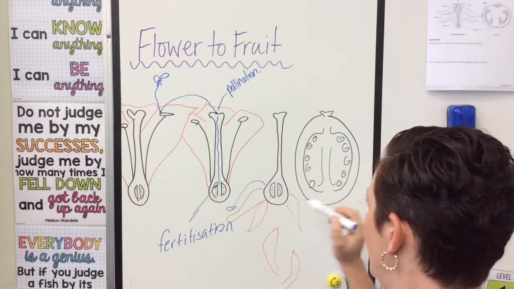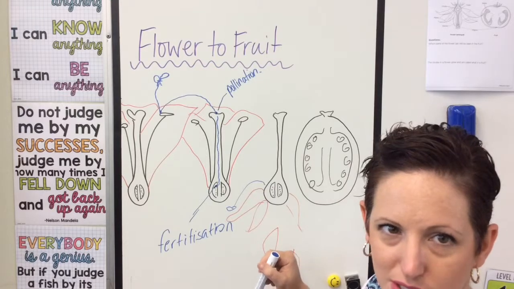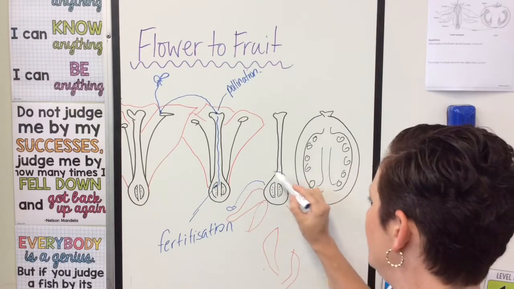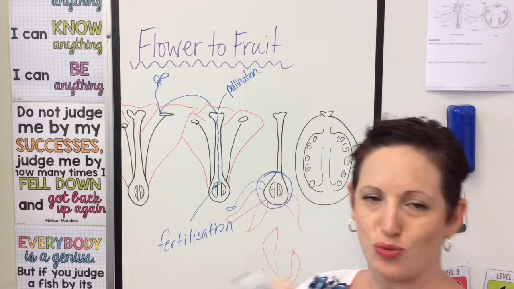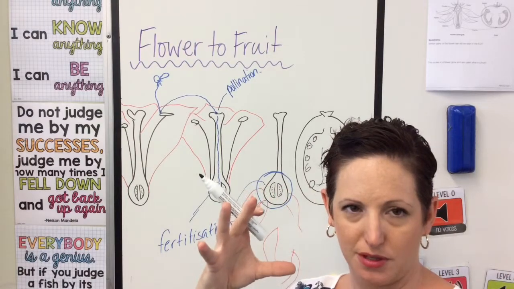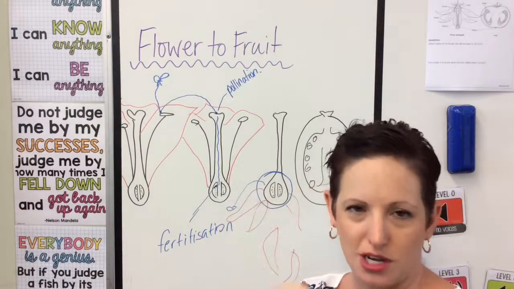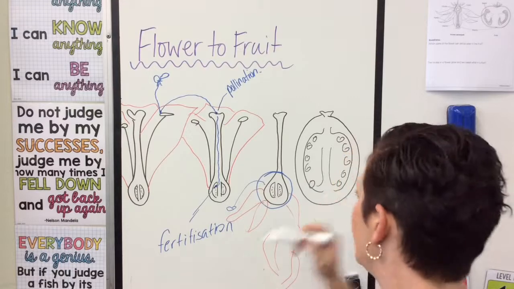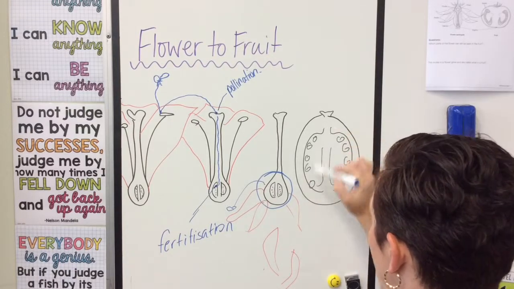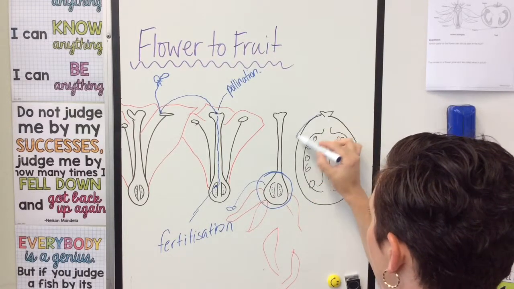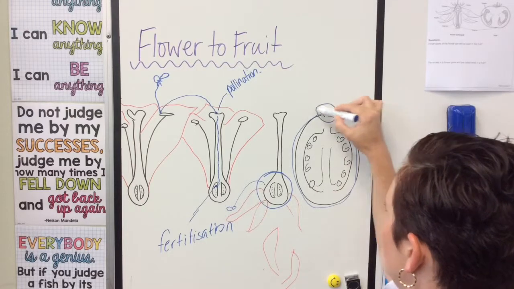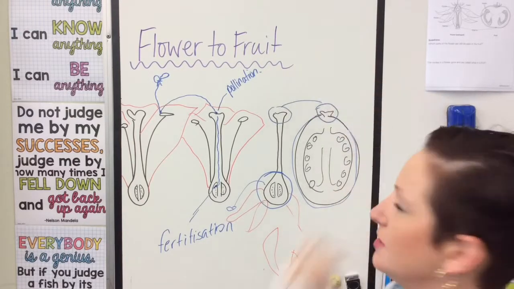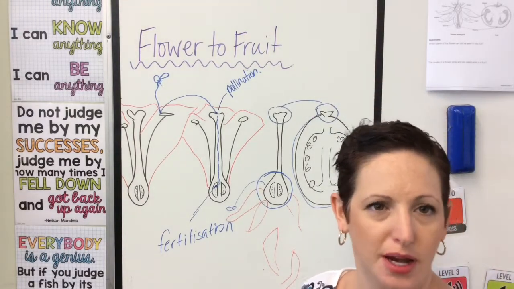There's no more petals. The next step is that this part here swells up with water and fluid and all sorts of things. It swells up so big that it fills up that whole space, and this little tiny blob on the top here is all that's left of the stigma.